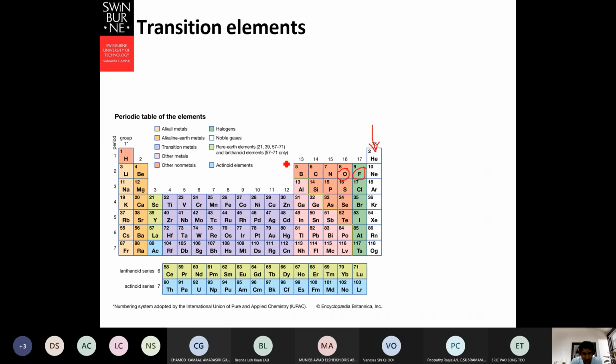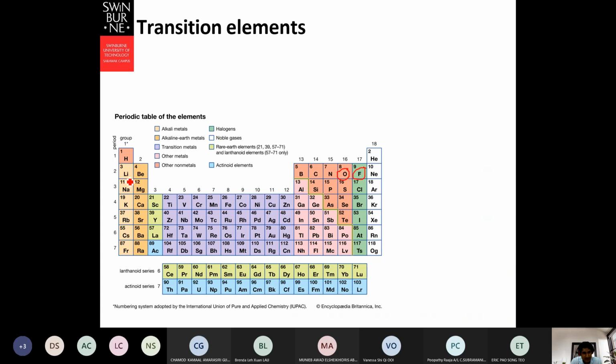Since fluorine is on the most right and top, electronegativity is the highest here. It decreases when we go down, it decreases when we go left, and also decreases this way. So this is electronegativity, and then the fluorine oxygen relation.